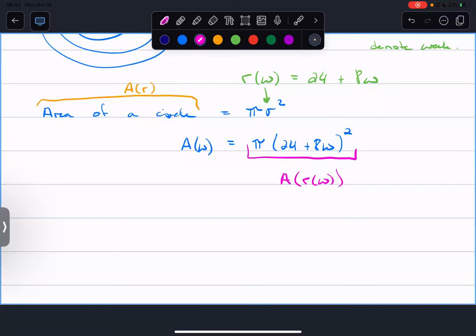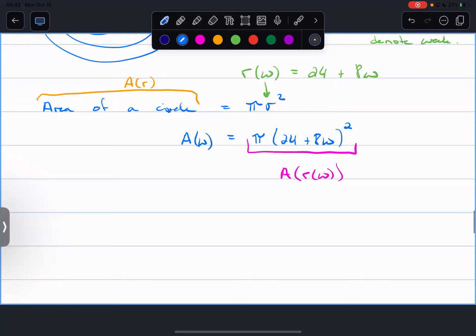You know how to do that. Maybe not like that yet. We haven't really done anything like that. I've just given you two functions, compose these. But this is why you have to do that. All right. What happens?